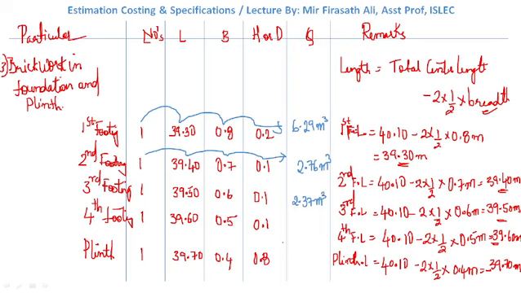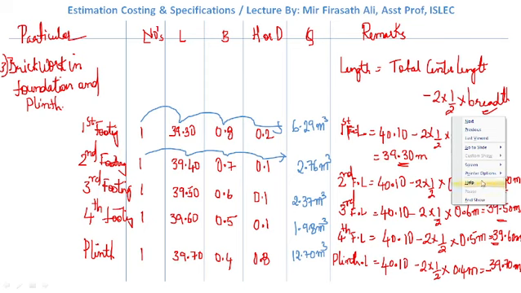Then 39.60 into 0.5 into 0.1 gives 1.98 meter cube. Then last, 1 into 39.70 into 0.4 into 0.8 gives 12.70 meter cube. What we need to do is add all these quantities.